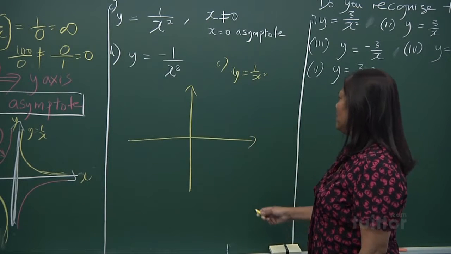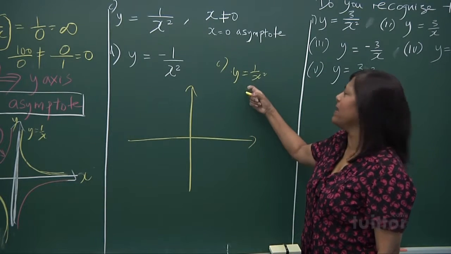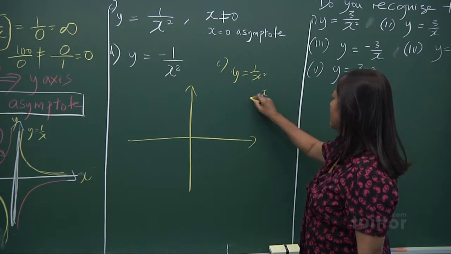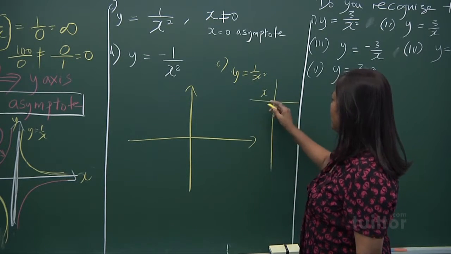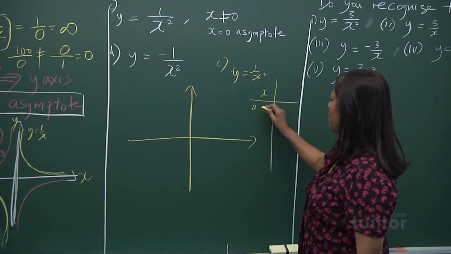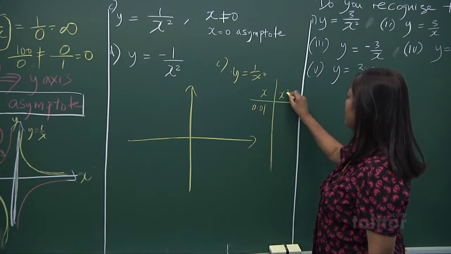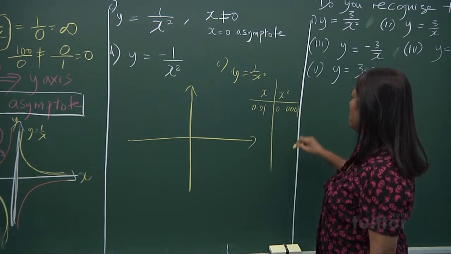And you can try a little experiment with x equal to, for example, 0.01. What does x squared become? It becomes 0.0001.